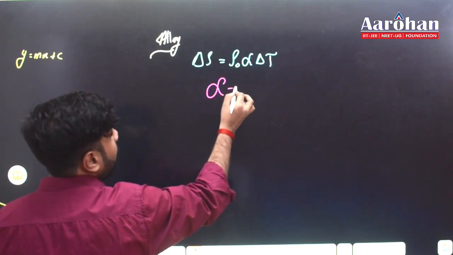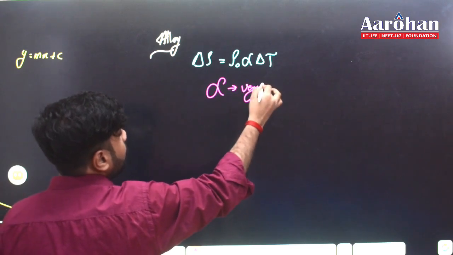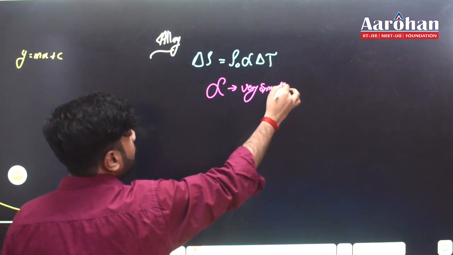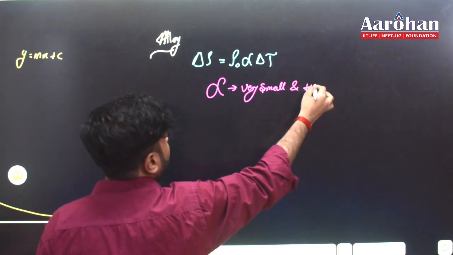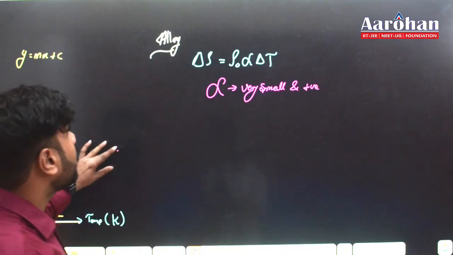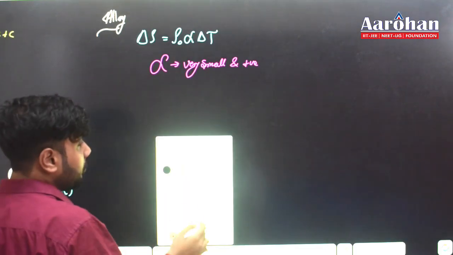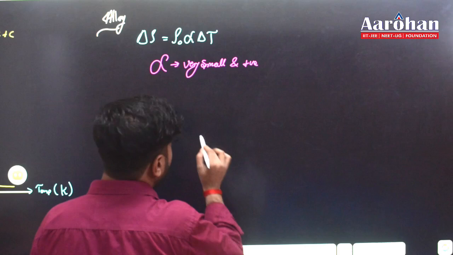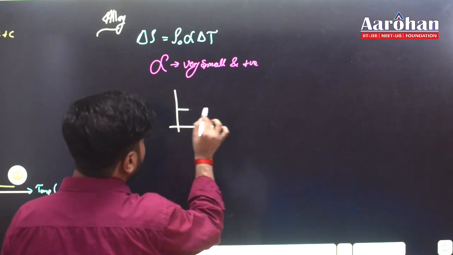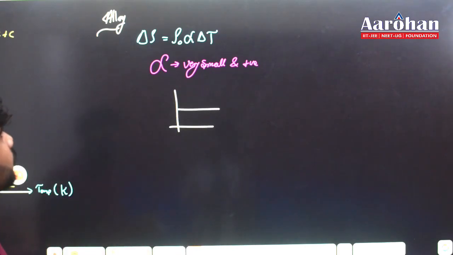It is only true when alpha is very small and positive. So here, ideally, this is what you should get for alloy.